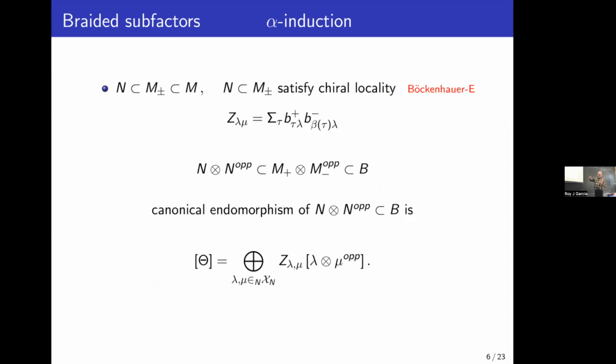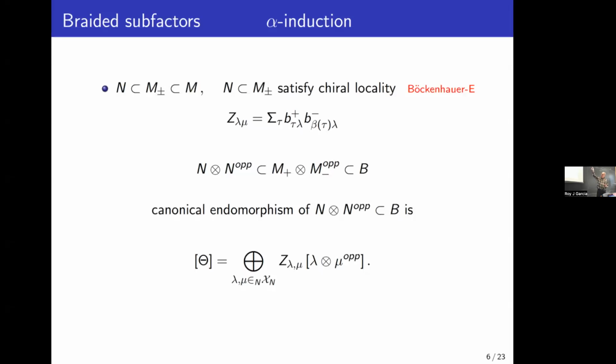So if you have N with a system of endomorphisms, then that may come from a conformal net, which has locality in the sense that algebras associated with disjoint intervals commute.